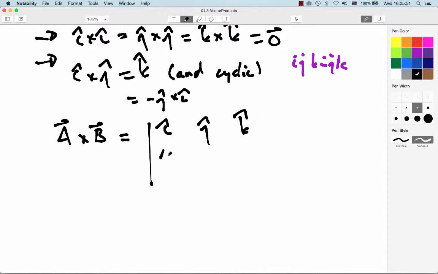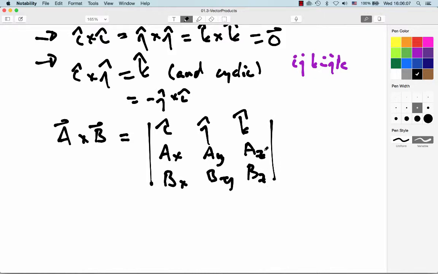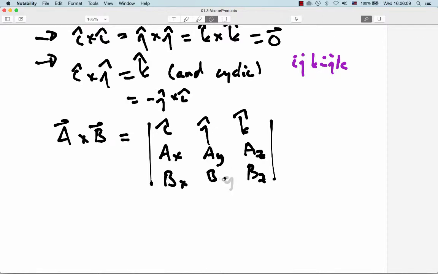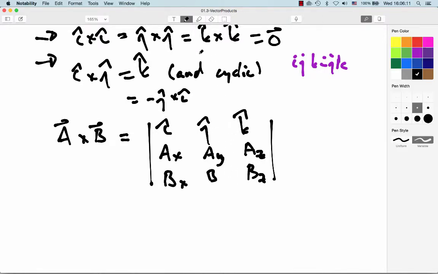This is a mnemonic. And then I put the components of the first vector in the second row, like so, and the components of the second vector into the third row, by, bz, like so. Okay, and this gives you the same thing.